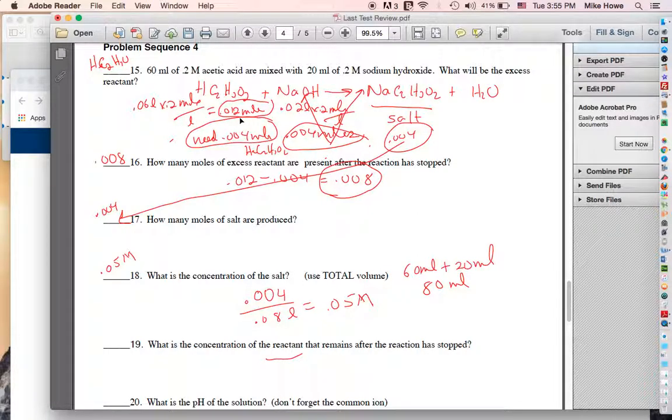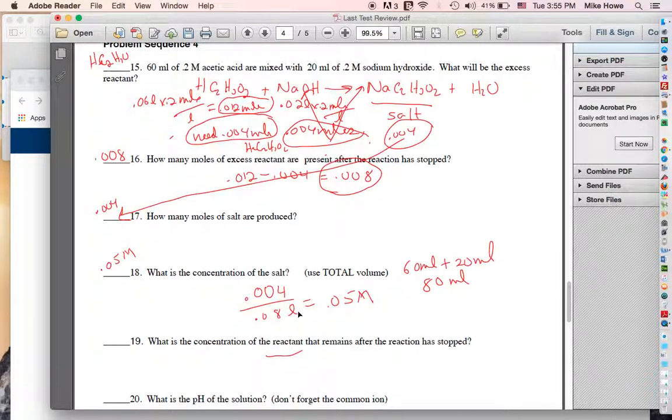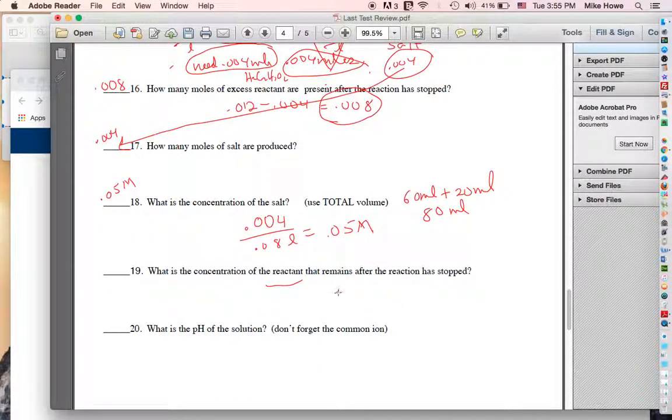The difference is 0.008 left over. So to find that, concentration is 0.008, again, divided by the total volume of the solution. So 0.008 moles divided by 0.08. So that's going to be 0.1 moles per liter. All right, so that's 0.1 molar.